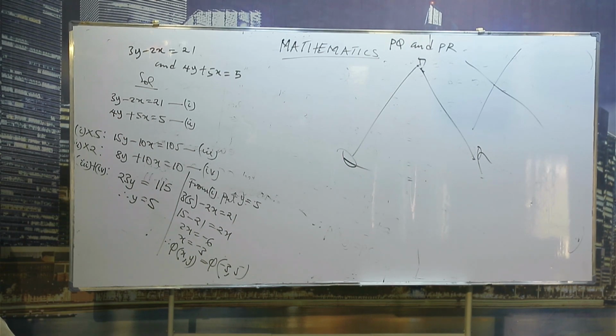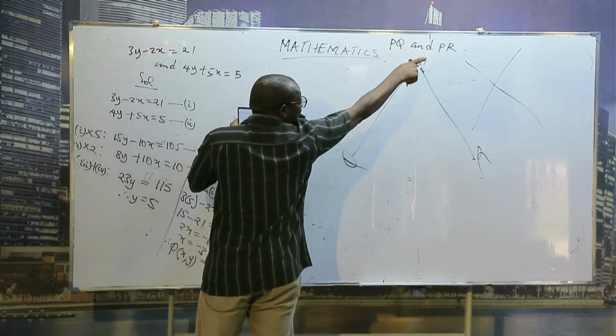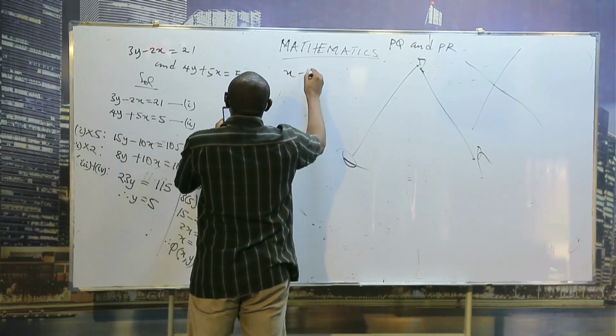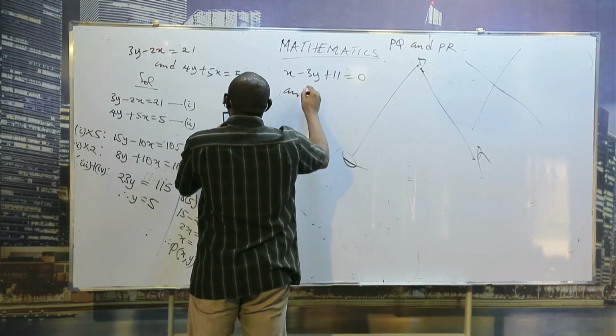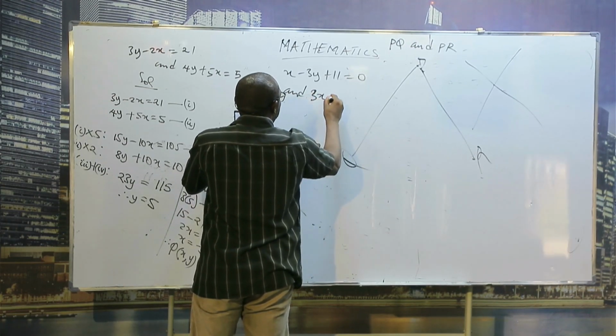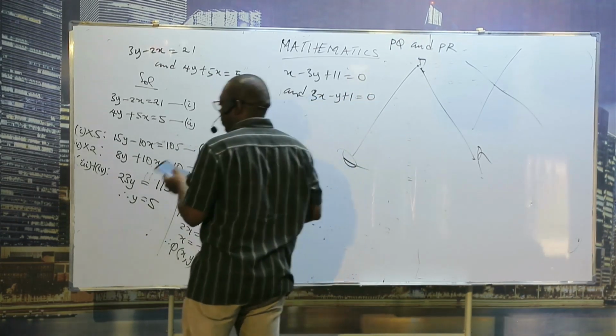All right. The equations of the lines are x minus 3y plus 11 equals to 0 and 3x minus y plus 1 equals to 0 respectively.